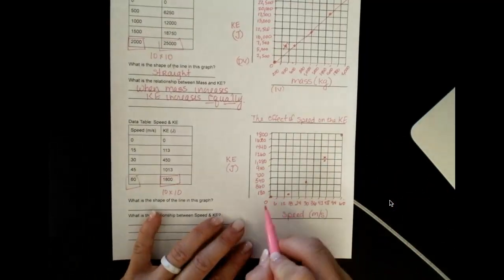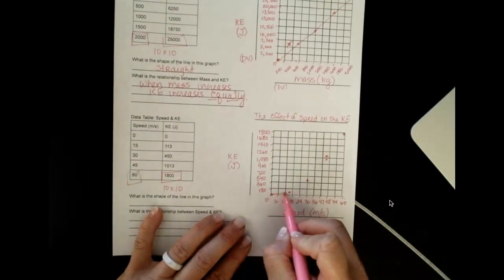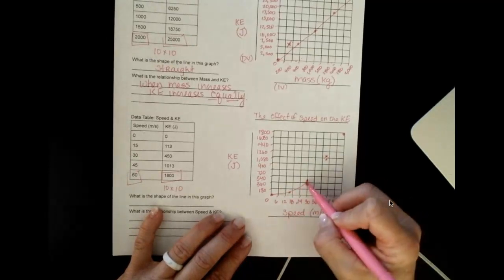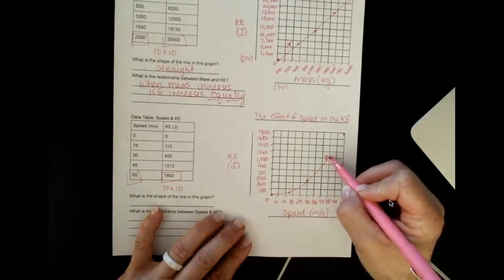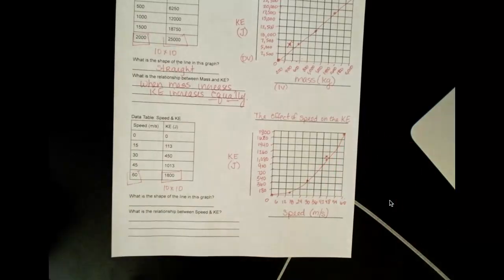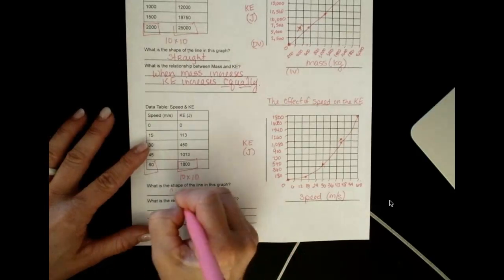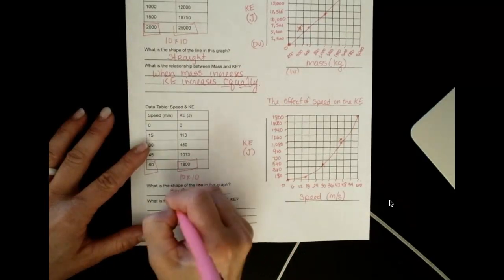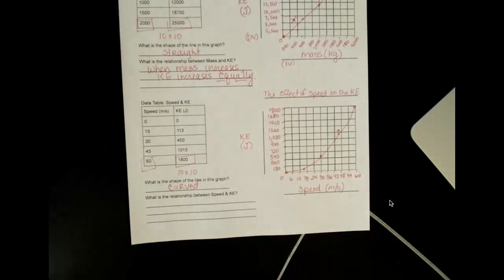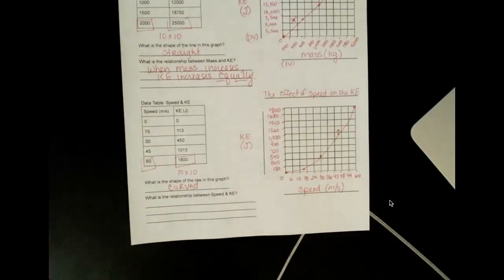Okay, so when you connect this one, the shape of the line is different. This one would be a curved line. The relationship between speed and kinetic energy is a little different.